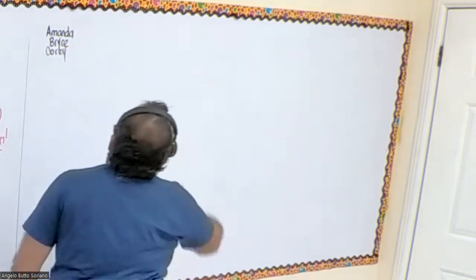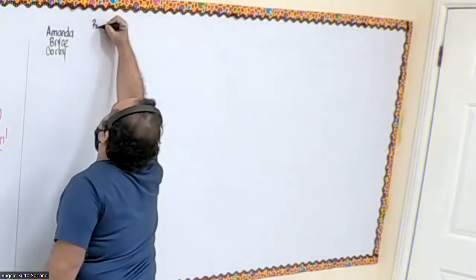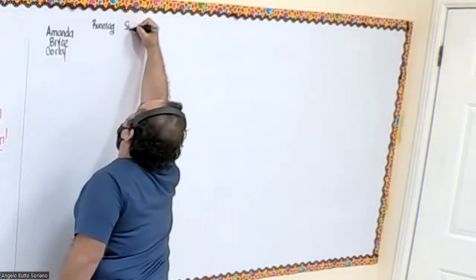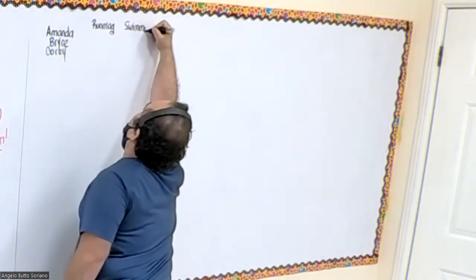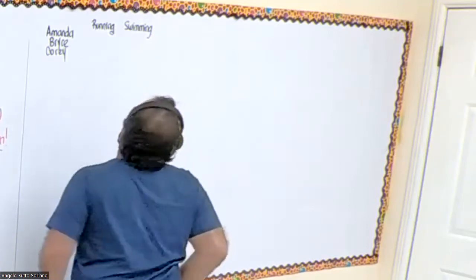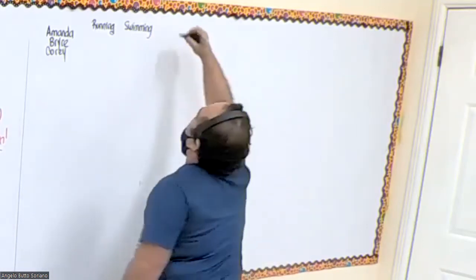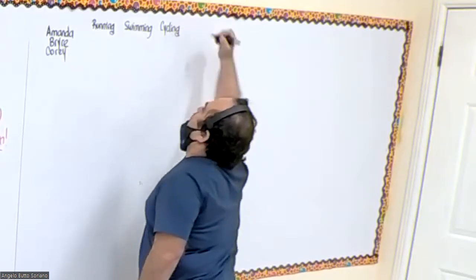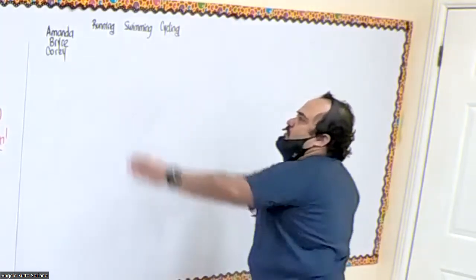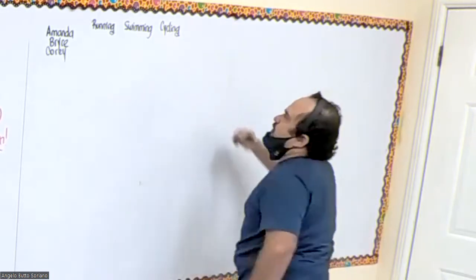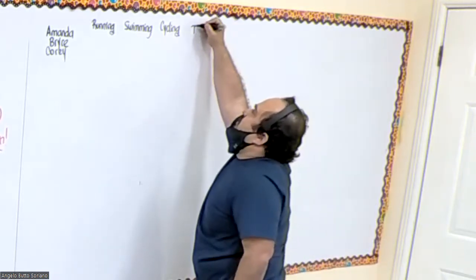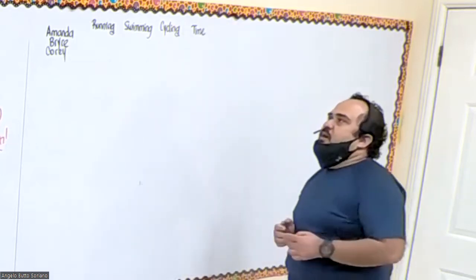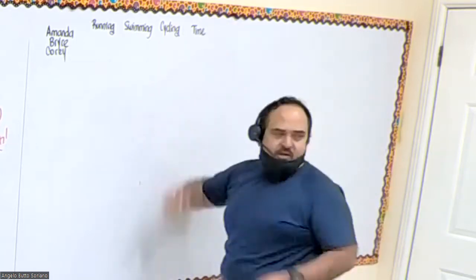And the events are running, swimming, and cycling. And I'm going to include, I know this is not a part of the chart, the period time, because I didn't copy the entire word problem, but I'm going to copy the period time for every one of them.